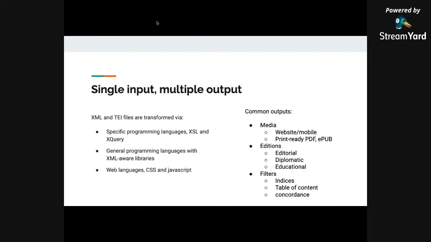From the same encoded XML file, we can produce different visualizations, an editorial, a diplomatic, various other kinds, including educational, for example. And another possibility, which we mentioned in the indexing bit, is extracting specific kinds of information across our corpora and presenting them in, for example, a table of content.